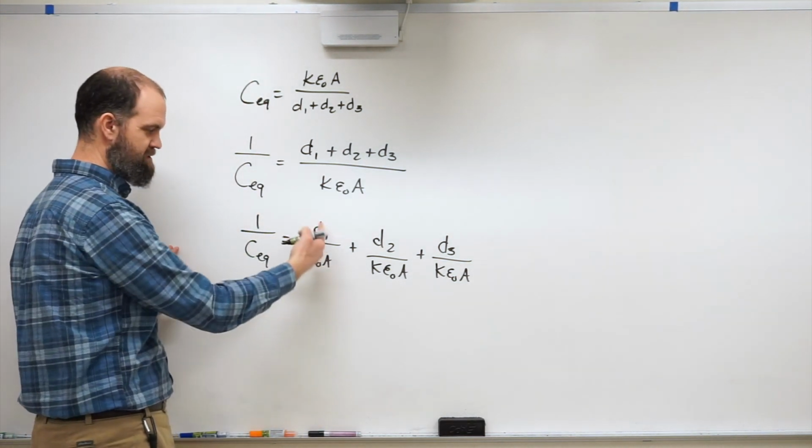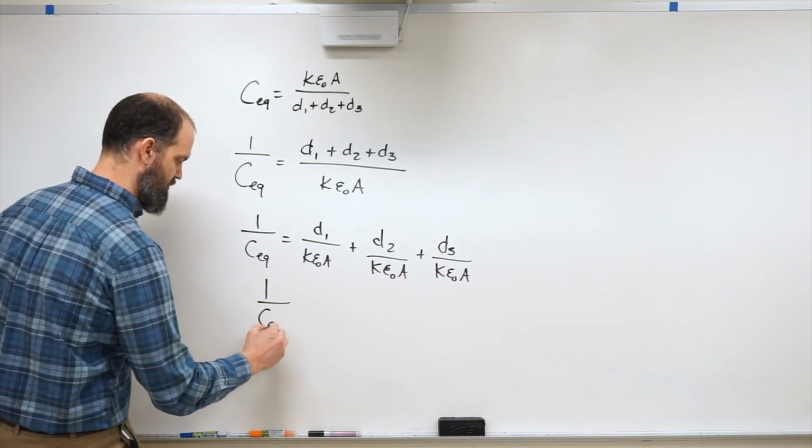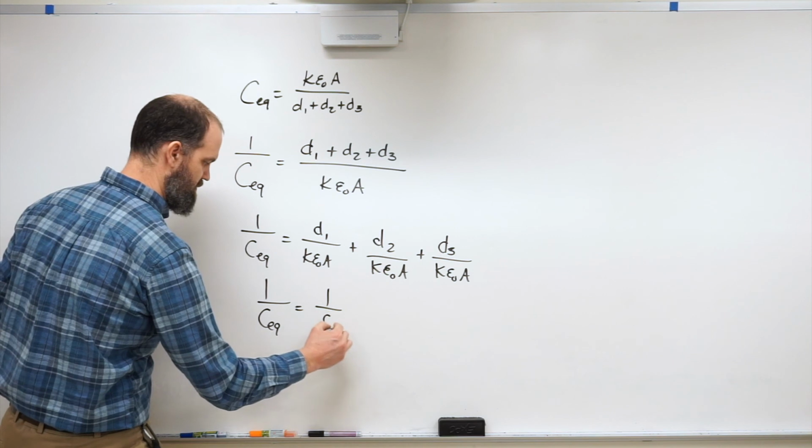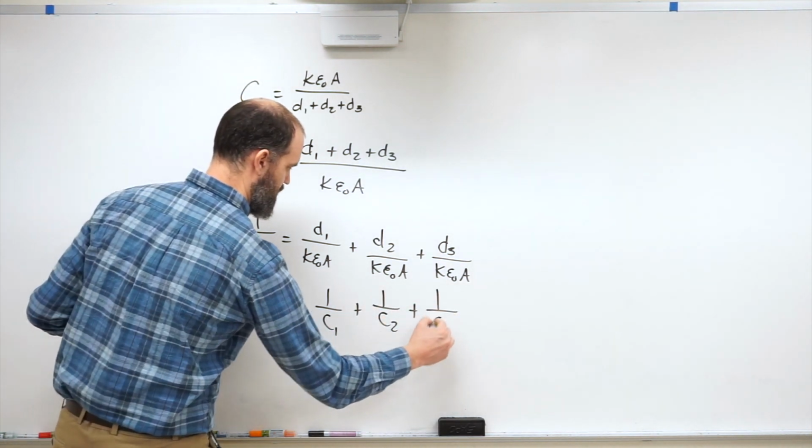This is 1 over C1, 1 over C2, 1 over C3, and so we get 1 over my equivalent capacitance is 1 over capacitance 1 plus 1 over capacitance 2 plus 1 over capacitance 3.